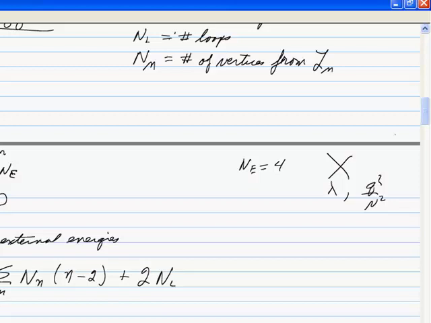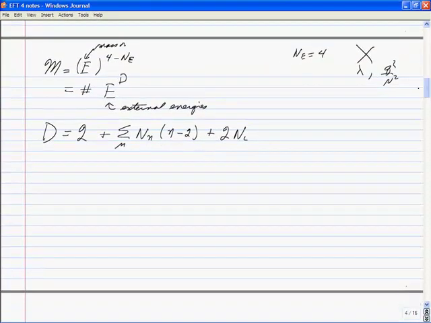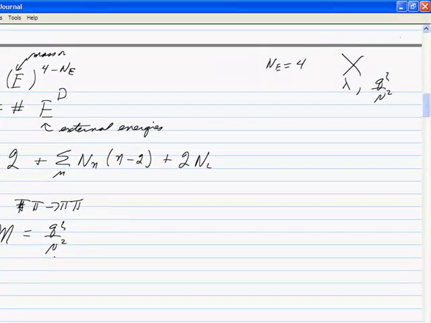Okay, so let's explore what that means. I'll do the example, pi pi goes to pi pi that we're doing the explicit calculation for. The matrix element we saw started off as q squared over v squared.